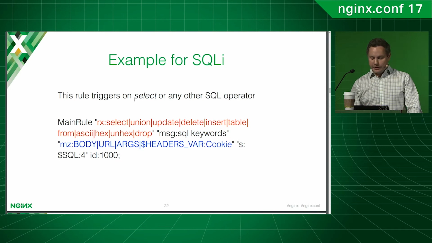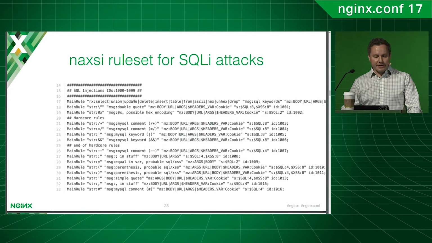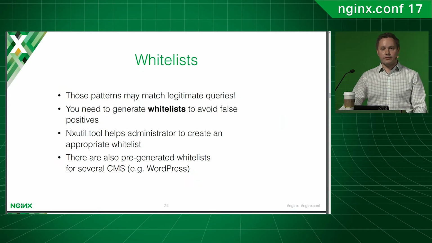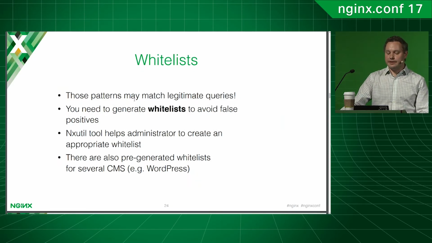Unfortunately, it still requires some tuning because these rules are quite complicated, and in many cases you will have a lot of false positives. The best part here is that you can run a special learning script, called nxtool, which is part of NAXSI, and create a so-called whitelist. It will inspect the traffic and create a whitelist for your application.